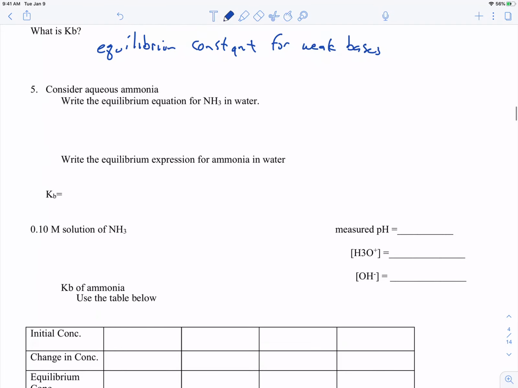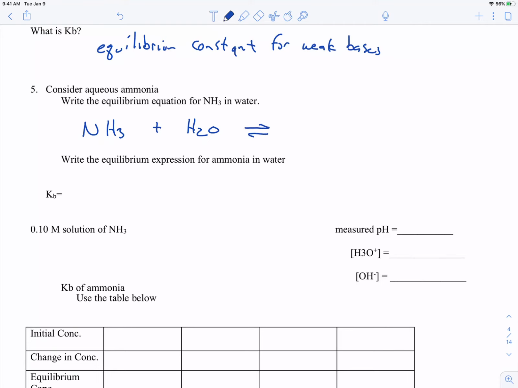All right, so one of the weak bases that's very, very common is ammonia. When ammonia is put in water, it's very, very soluble because it hydrogen bonds to the water, and it stays mostly as ammonia molecules.